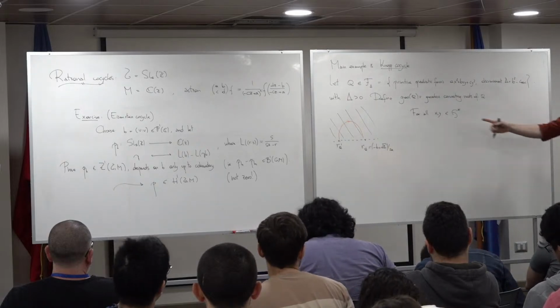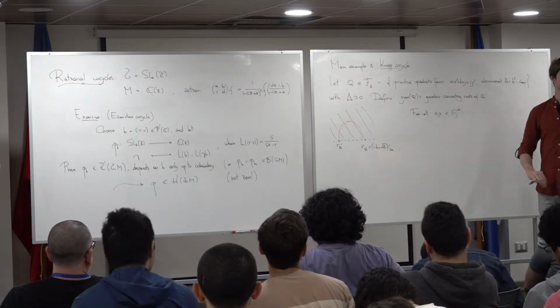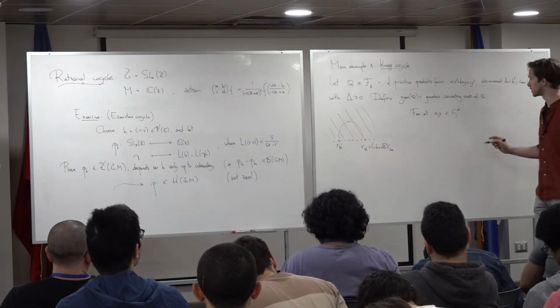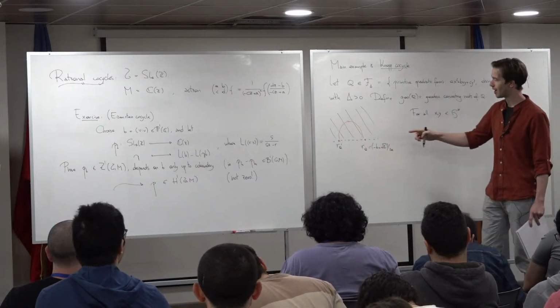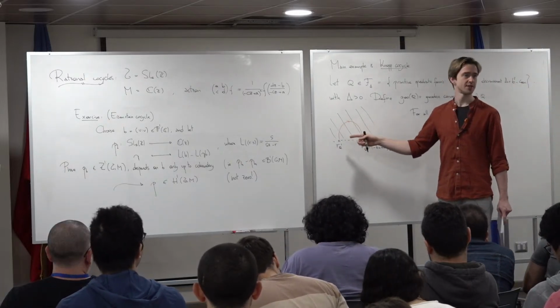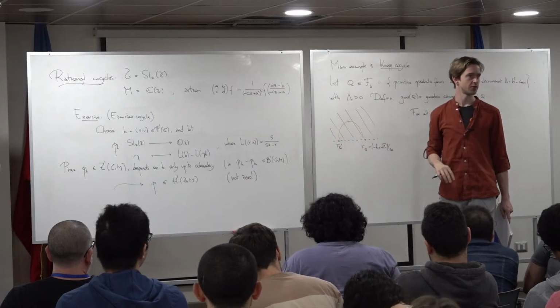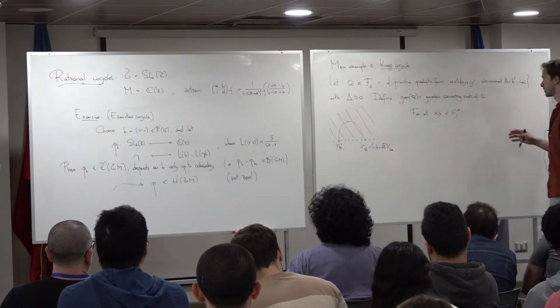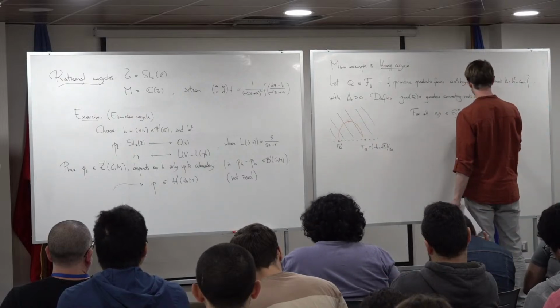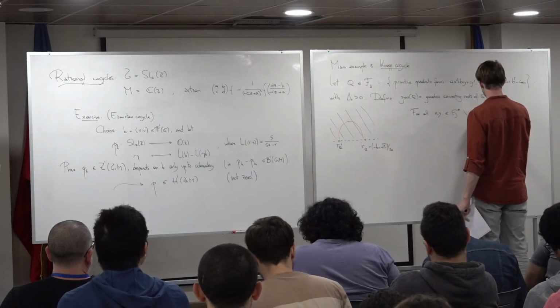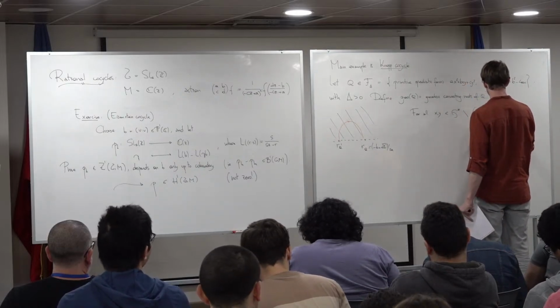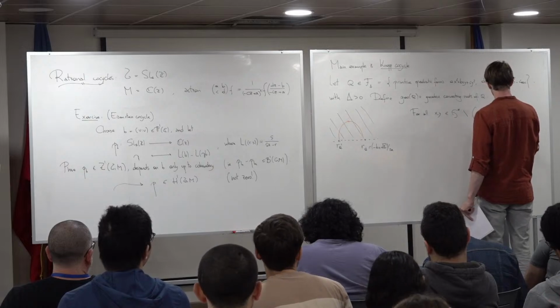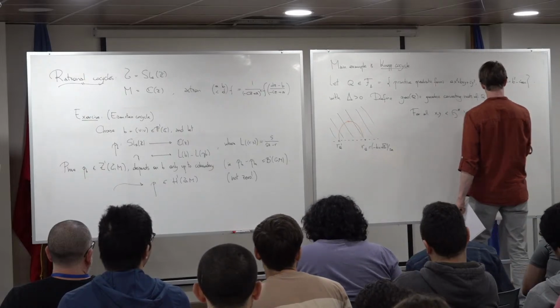Now, I say x and y need to be random points, and random is meant in a very specific sense, in that I don't want x or y to lie on this geodesic or any of its SL2Z translates. So I want to stay away from this kind of thin set that is defined for me by this geodesic. So I'll stay away from the set which is all the SL2Z translates of this geodesic of Q.